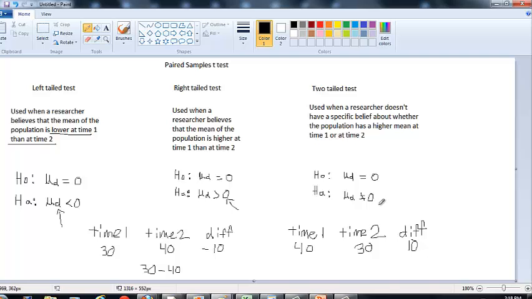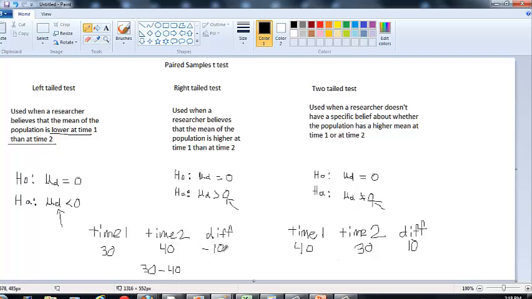In a two-tailed test, the researcher doesn't have a specific belief about whether the population has a higher mean at time 1 or at time 2. They're just trying to reject the idea that there hasn't been any change. So what this alternative is saying is that the mean difference score is simply not 0.